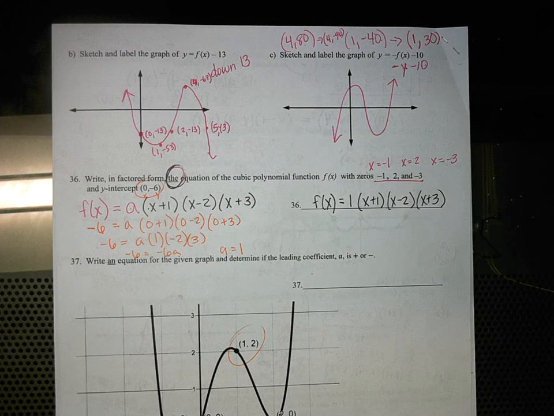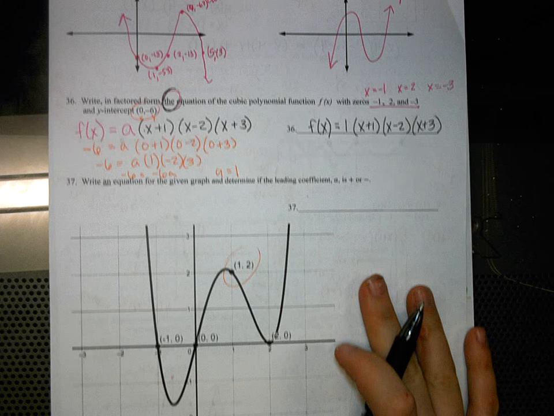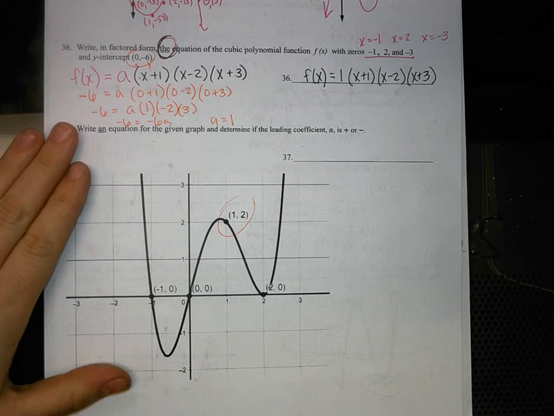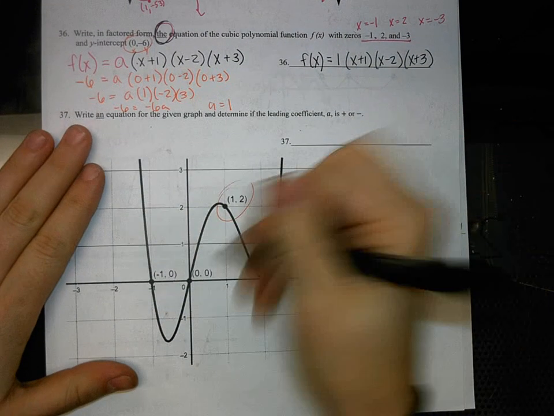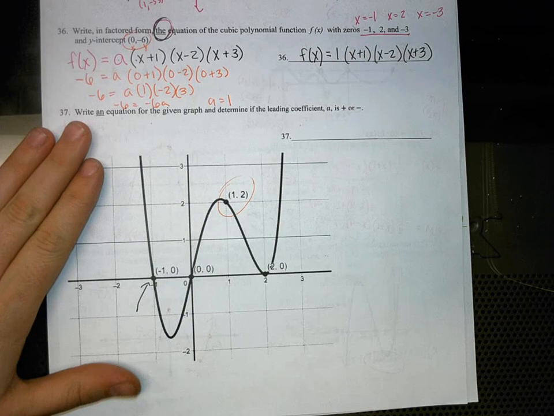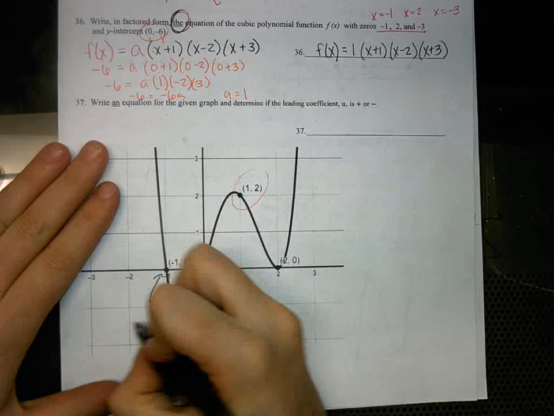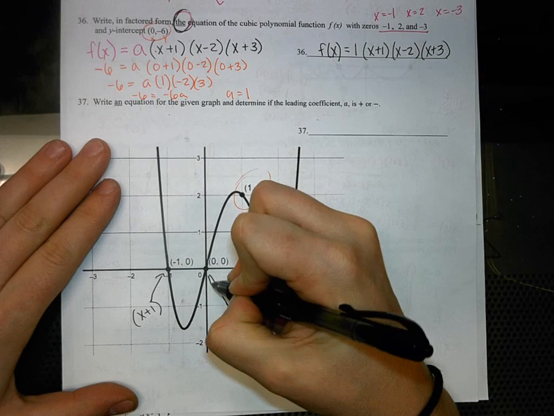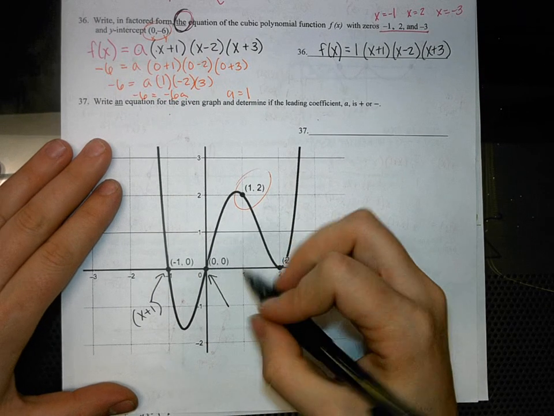Number 37, write an equation for the given graph and determine if the leading coefficient a is positive or negative. Again, I'm going to write my zeros of my function. So if this zero is at -1, then I know that my factor is x plus 1. If this zero is at 0, I know my factor is x plus 0, or just x is fine.